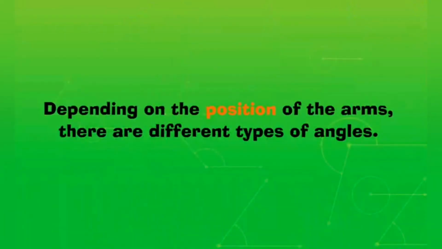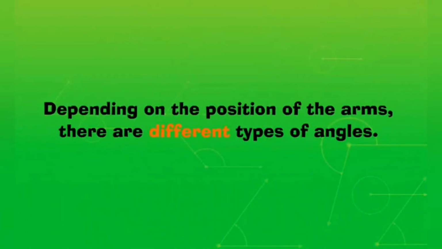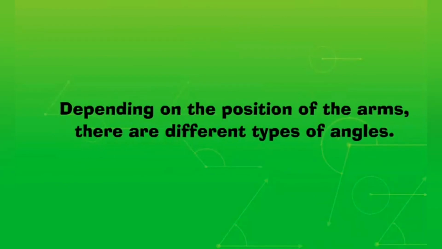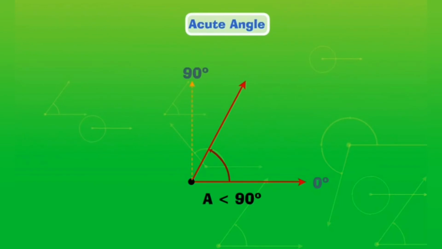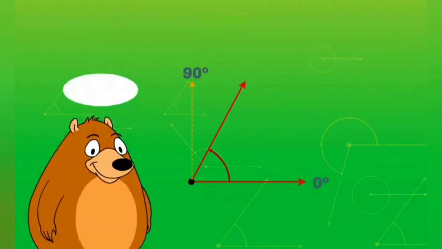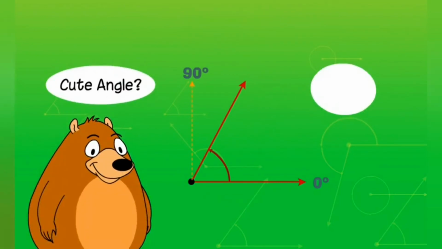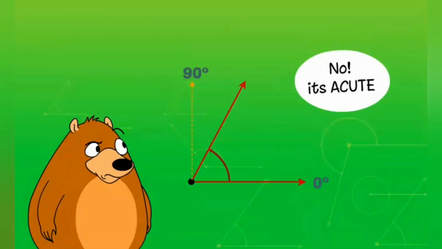Depending on the position of the arms, there are different types of angles. Let's learn about them. An angle whose measure is more than 0 degrees and less than 90 degrees is called an acute angle. Acute angle? No, it's acute.